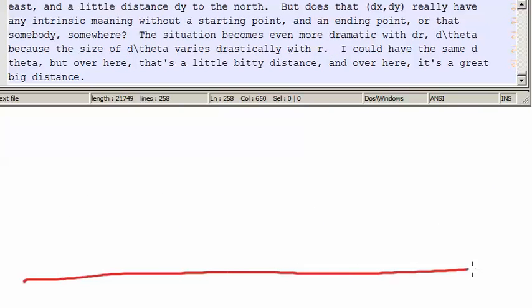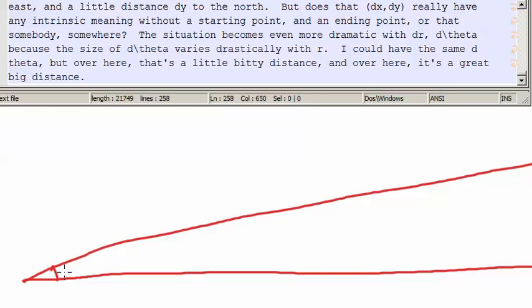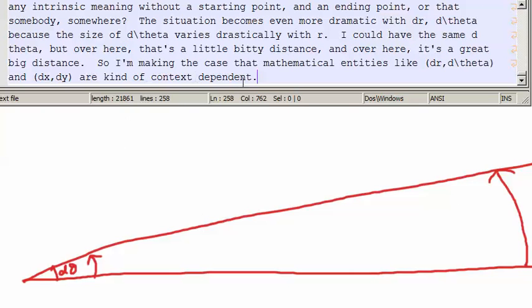I could have the same d theta, but over here, that's just a little bitty distance, and over here, it's a great big distance. So I'm making the case that mathematical entities like dr d theta and dx dy are kind of context dependent.